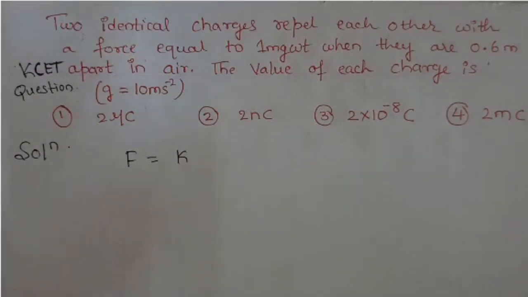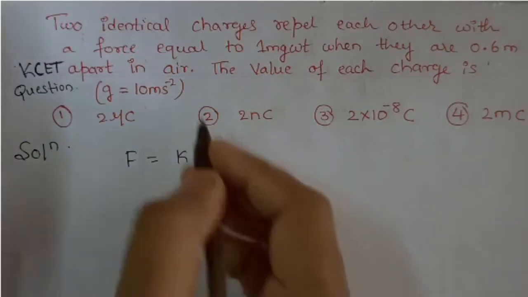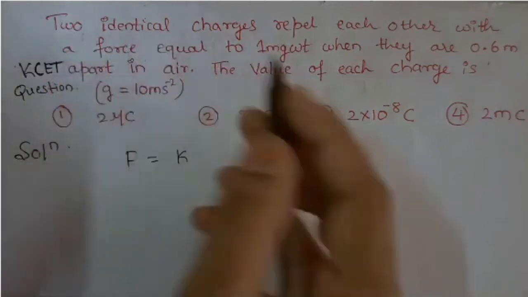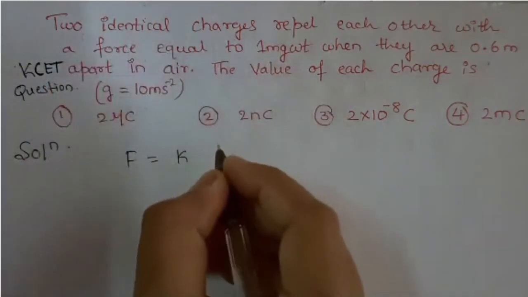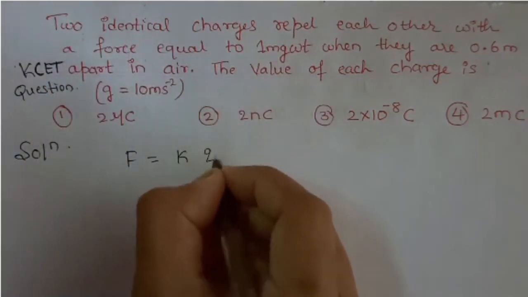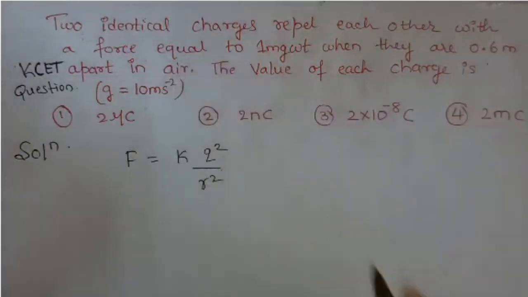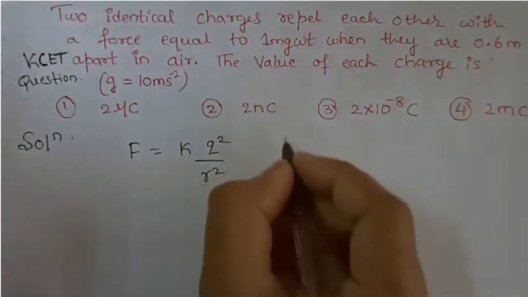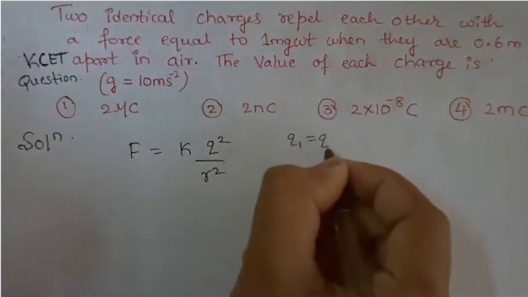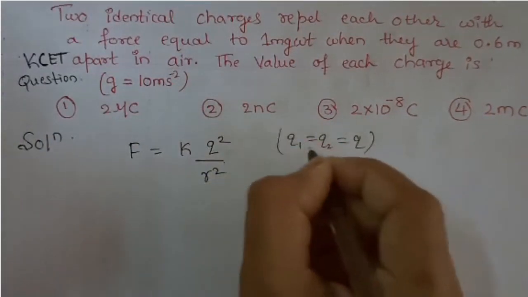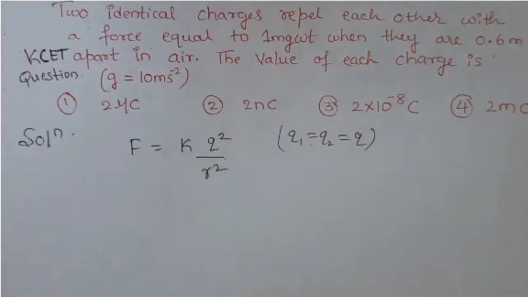No need to write 1 by 4 pi epsilon naught every now and then. You can just take K. Q1, Q2 are identical, so I can take Q. Q into Q becomes Q square, divided by distance R square. Why have I taken it in this way? Because Q1, Q2 both are equal and I have taken it as Q. Right?